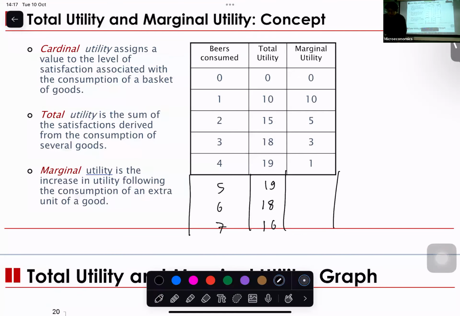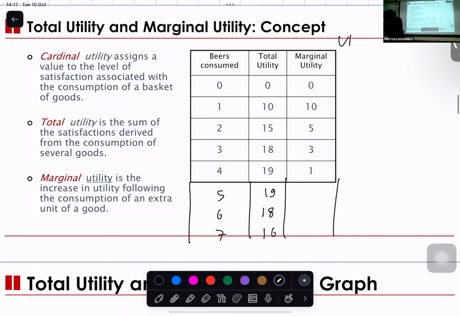Okay. The numbers that we have here follow Jeremy Bentham. The unit of measurement is utils.